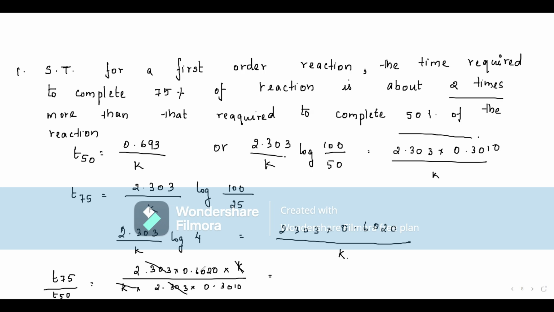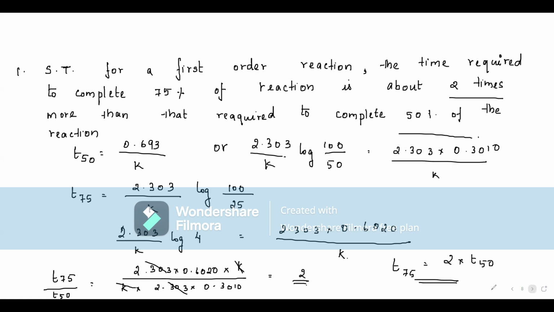You will get 6020 by 3010, which is equal to 2, which means T75 is equal to 2 into T50. Time required to complete 75% of the reaction is twice the time required to complete 50% of the reaction.